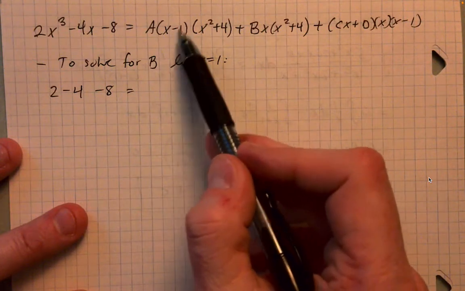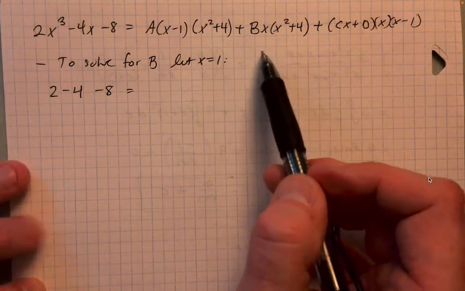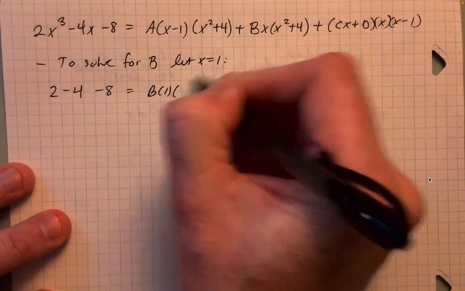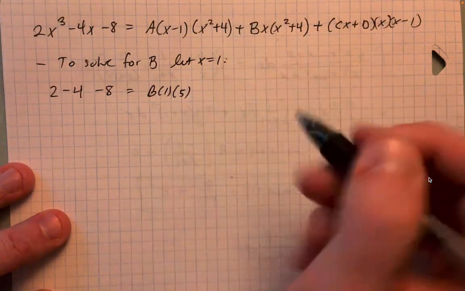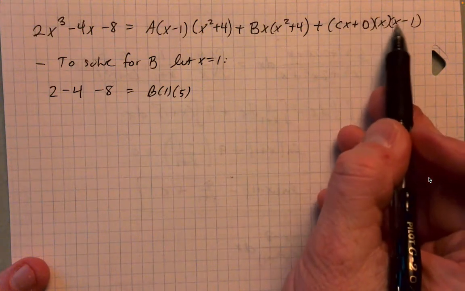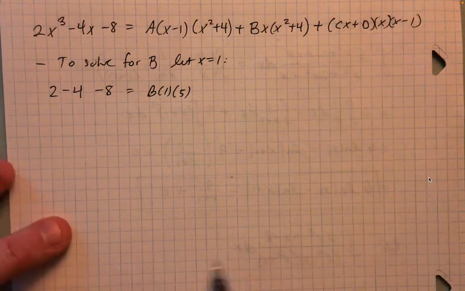And then this is a 0, so that's gone. That one I'm stuck with, so that's going to be b times 1 times 1 plus 4, so times 5. And then this one over here, this x minus 1 will be 1 minus 1 is 0, so that whole thing is 0 also.